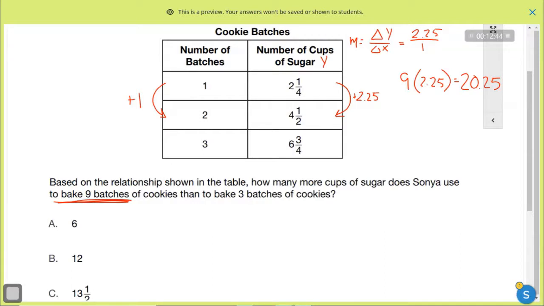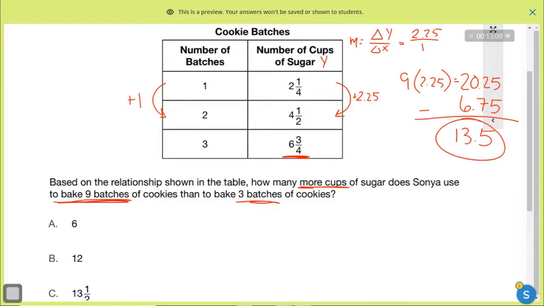Be careful, all right? That is one of the options below, but that is not the answer. They wanted to know how many more cups than 3 batches. Well, 3 batches is right here at 6.75, and so I'm going to have to subtract these two from each other. Because then I will see that it is 13 1/2 more cups.